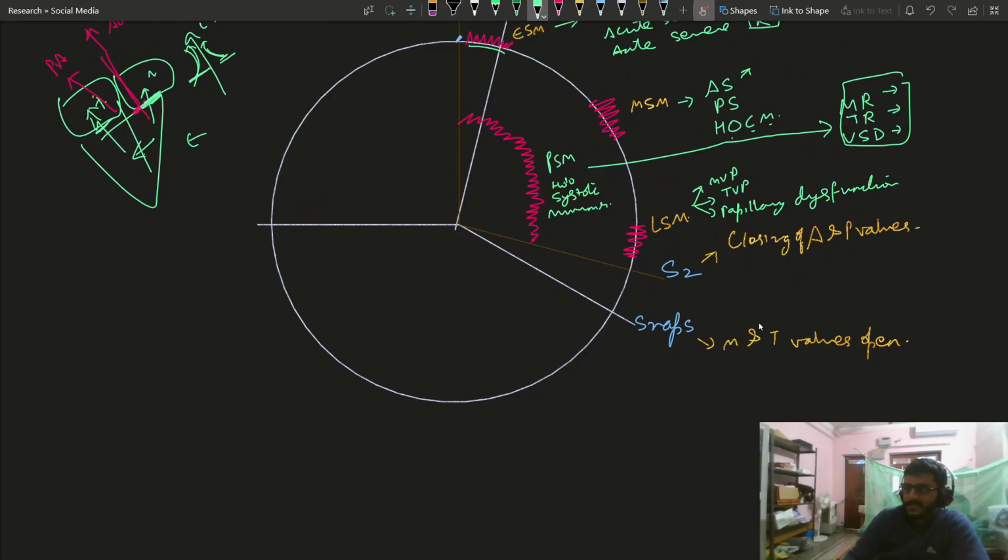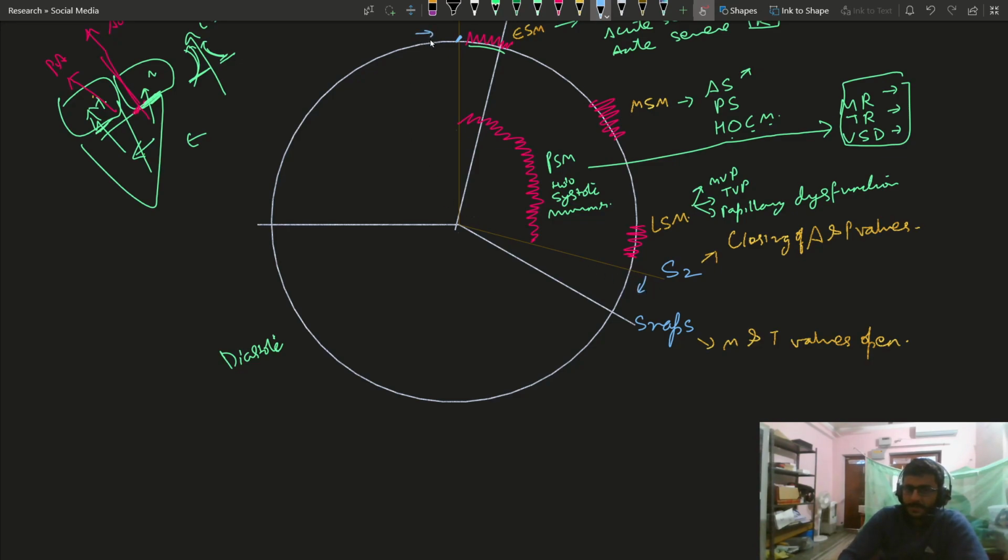Now we are going to discuss the diastolic period. Now we are entering the diastole. Let me pick up a color that indicates diastole.